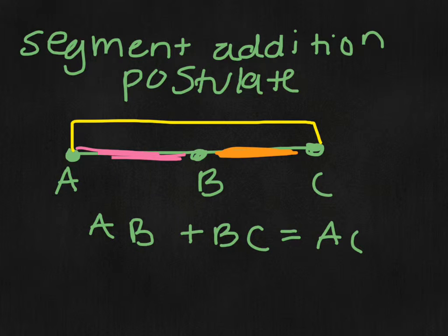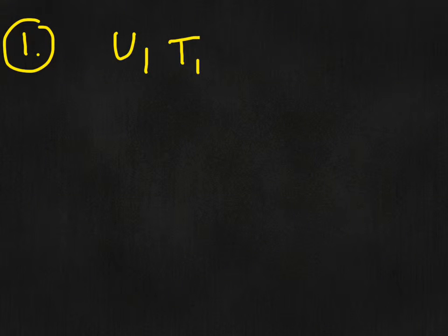Well, we can use this postulate on the next problem. On the next problem, we were given that points U, T, and S are all collinear. Okay?